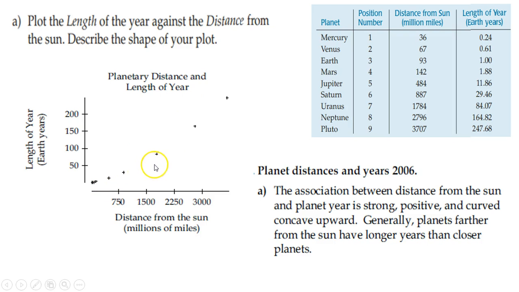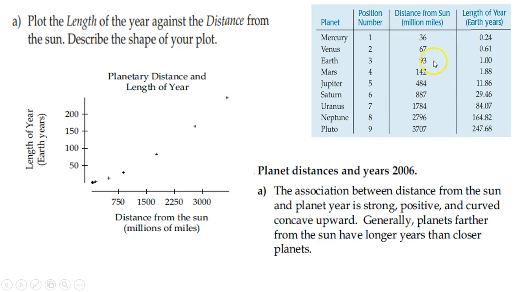Looks like there could be an association, but it also looks like it could possibly curve, because the association between distance from the sun and planet years is strong and positive, but it looks like it's curved, kind of concave upward. And generally, planets farther from the sun have longer years than closer planets, obviously.